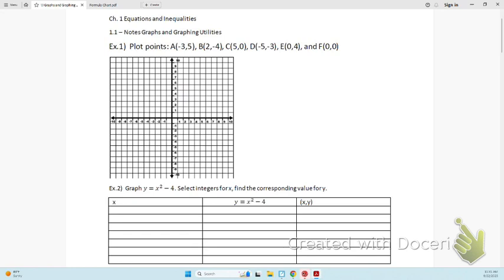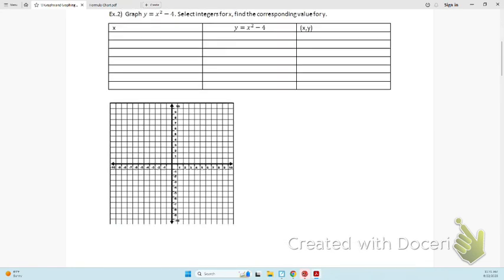So we have a problem on number 2 that should look like a parabola. Something to always ask yourself before you start graphing it is, what should the picture look like?